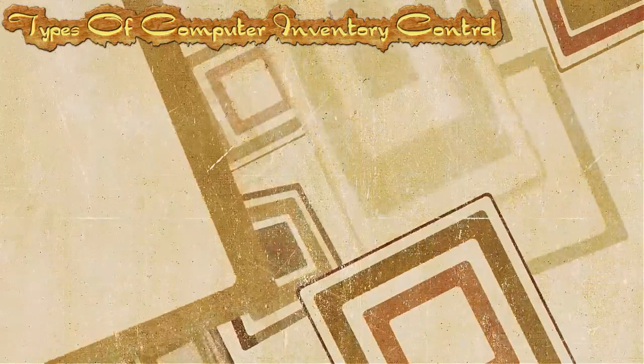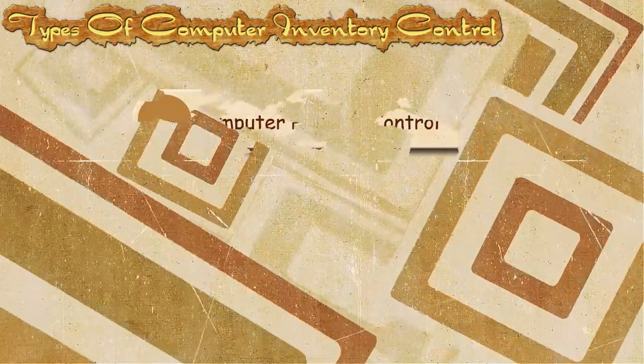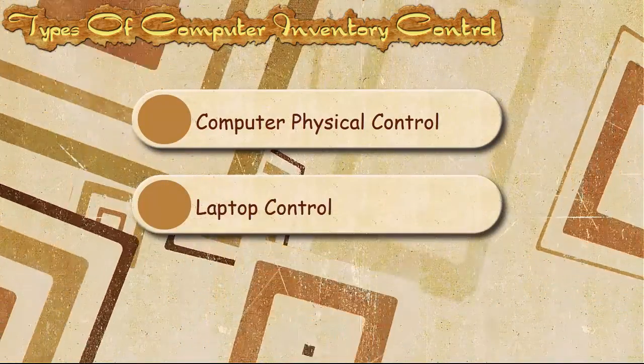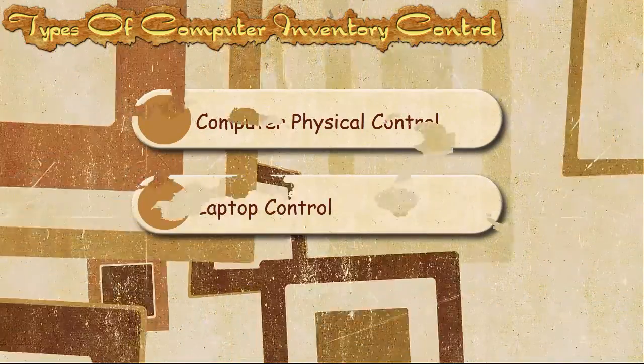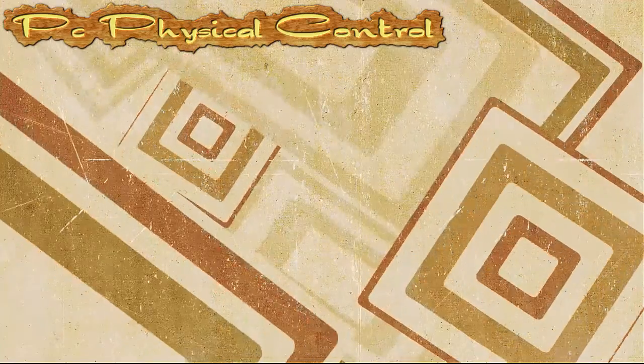Now, there are two main areas of computer inventory control, which are computer physical control and laptop control. Computer physical control, otherwise known as PC physical control.